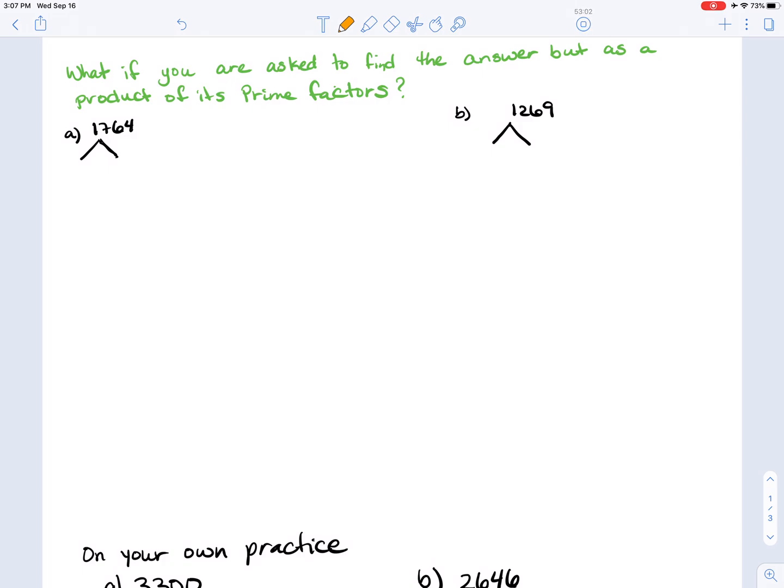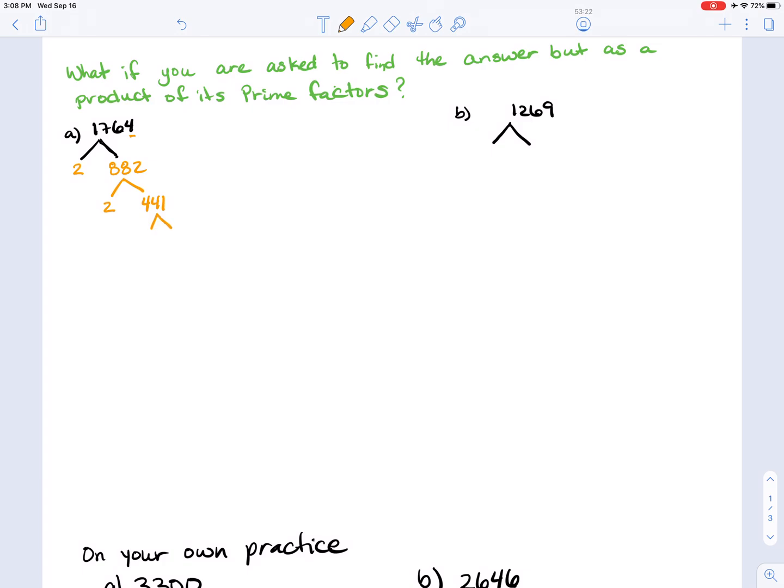So I'm going to first, because I know it ends in 4, divide by 2. That gives me 882. And I'm going to keep breaking this down by 2 until I can't anymore. So 2 times 441 is 882.